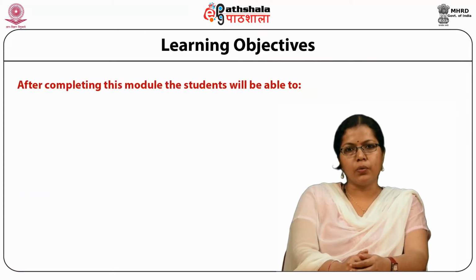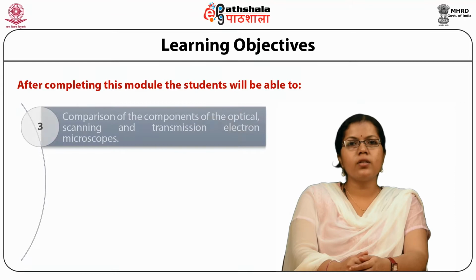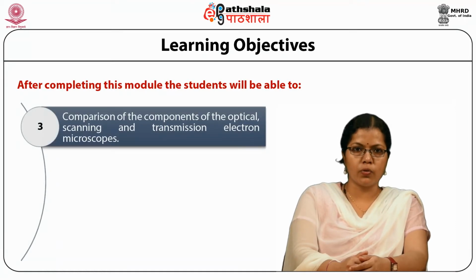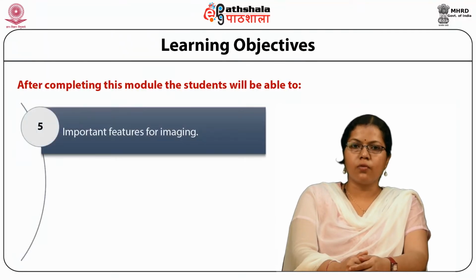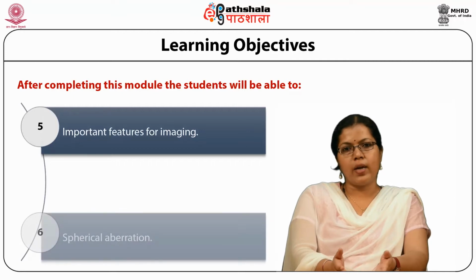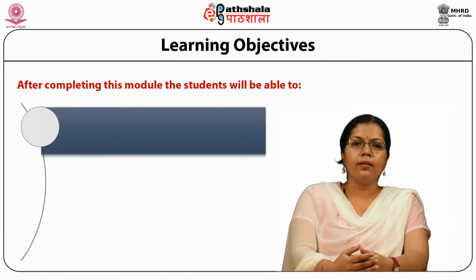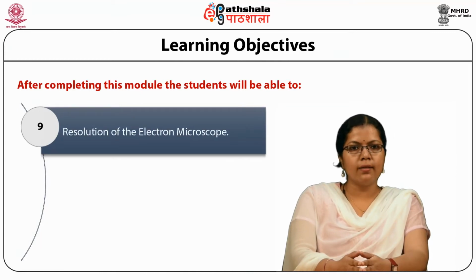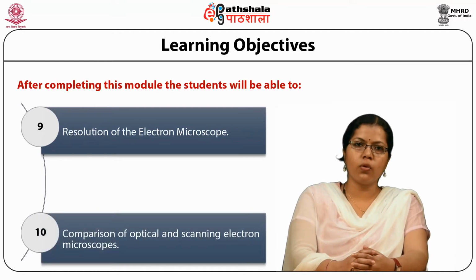After completing this module, the students will be able to understand the components of the microscope, the lens system, comparison of the components of the optical, scanning and transmission electron microscopes, Abbe diffraction limit, important features of imaging, that is the spherical aberration, chromatic aberration, astigmatism, then the resolution of the electron microscope, and towards the end the comparison of optical and scanning electron microscopes.